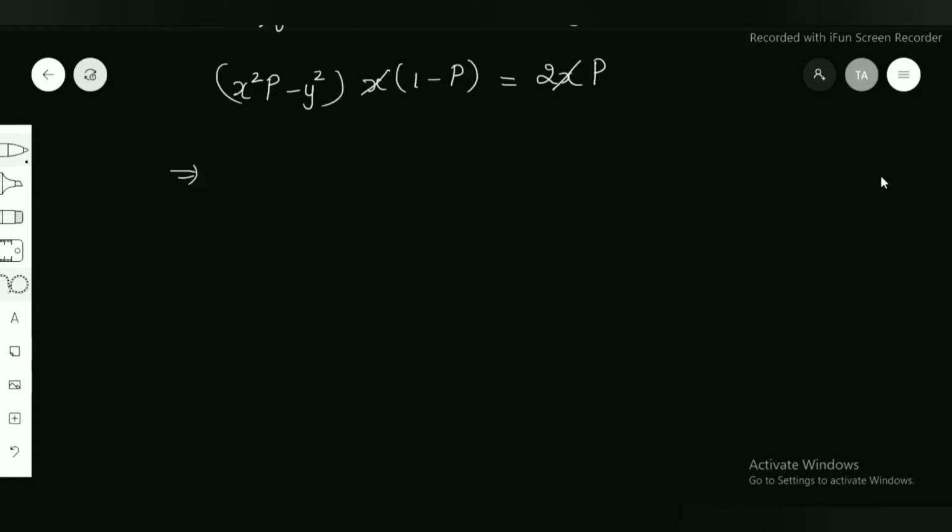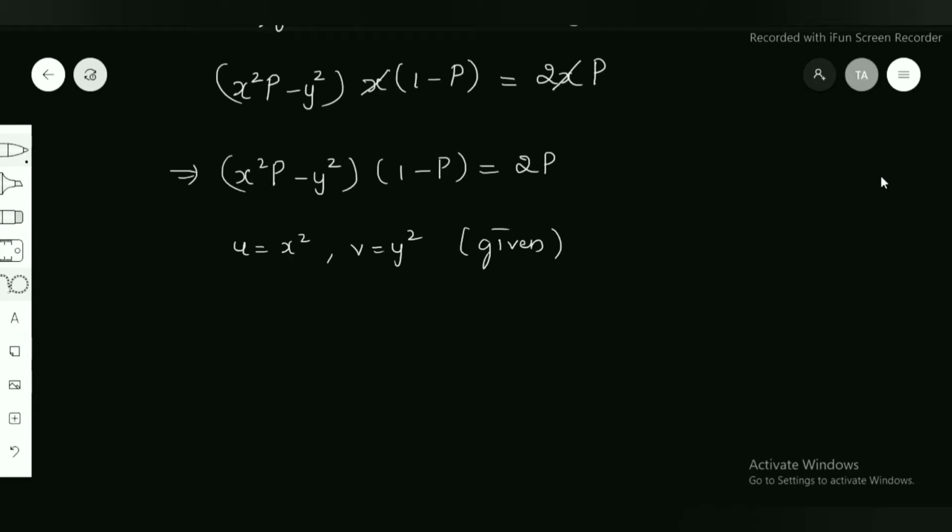So this implies (x²P - y²)(1 - P) = 2P. u = x², v = y², it is given.